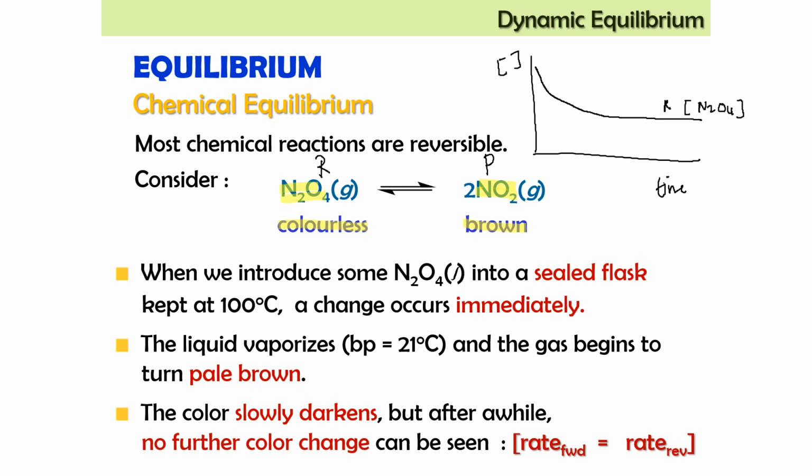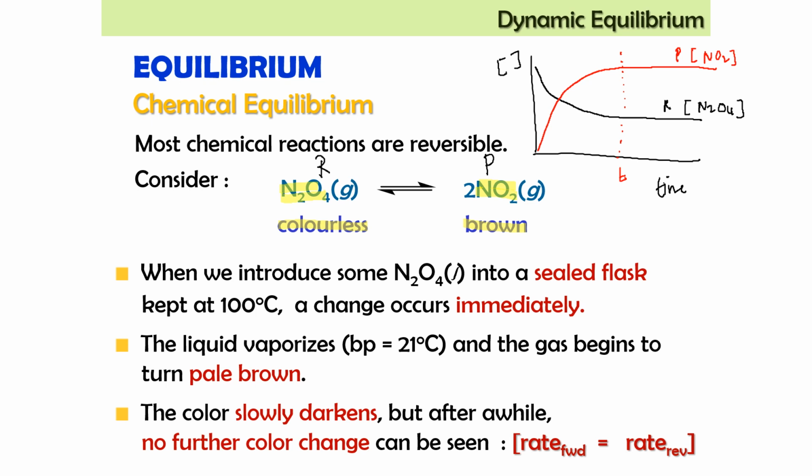And as time increases, you will also produce the product NO2. Then at a certain time, you will get constant concentration, meaning there's no increase in the concentration anymore. And this is the product NO2. So that is the level where it starts to become constant as time passes, at that certain time.